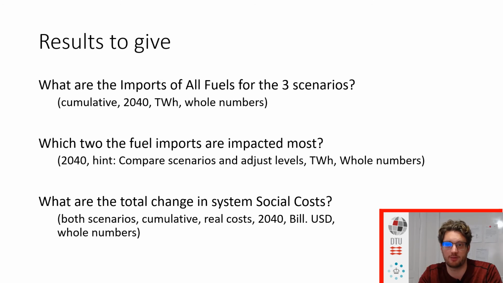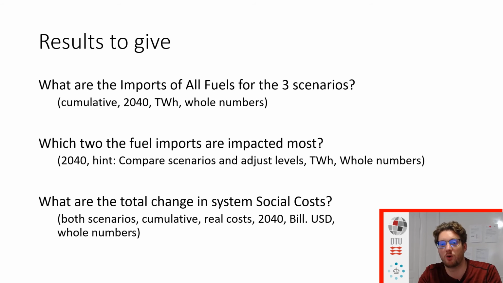So, results to give. What are the imports of all fuels? In terms of pure terawatt hours, what are the imports of all fuels for the 3 scenarios? I want that as a cumulative number for 2040, with all the years leading up to 2040, and I want that in terawatt hours and whole numbers. Which 2 fuel imports are the ones that are impacted most?